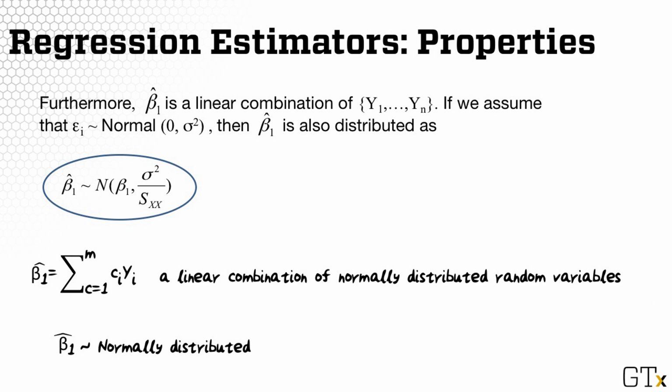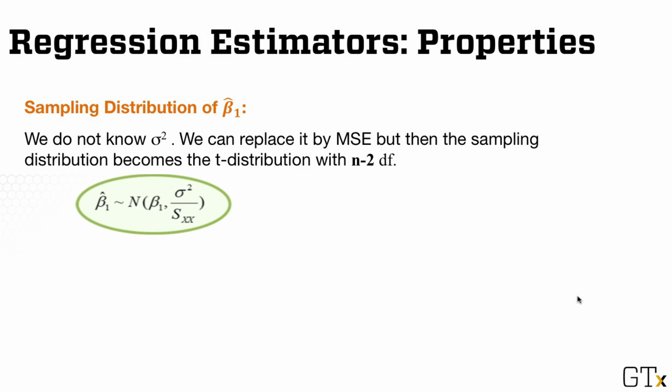So along with the expectation and variance from the previous slide, with the property that beta 1 hat is normally distributed, now we get the distribution for beta 1 hat. However, the sampling distribution of beta 1 hat is not useful because sigma square is unknown.